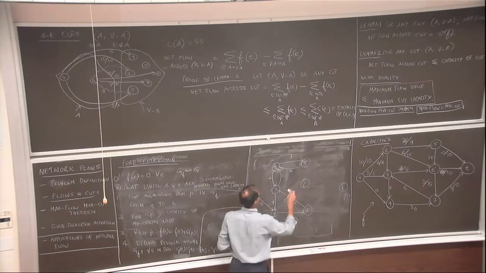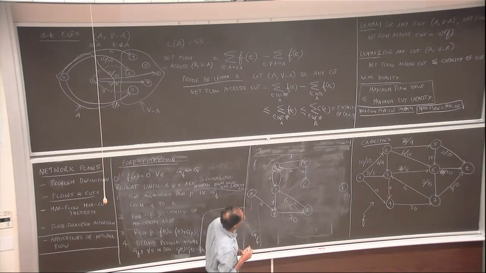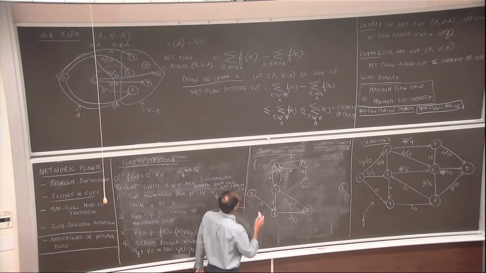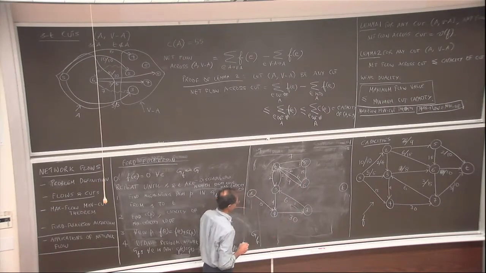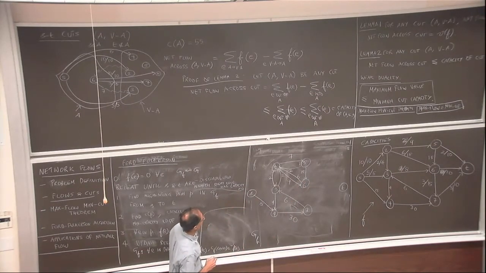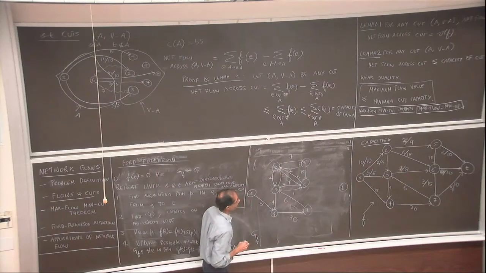Oh, 5 to 6 was already there. 15. 2 to 6 capacity 9. 6 to 2 capacity 6. 3 to 6 capacity 1. 6 to 3 capacity 7.